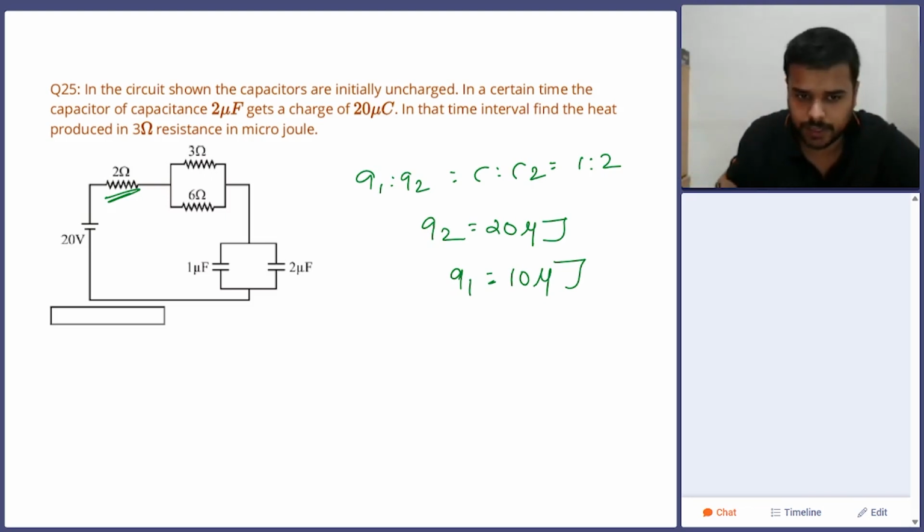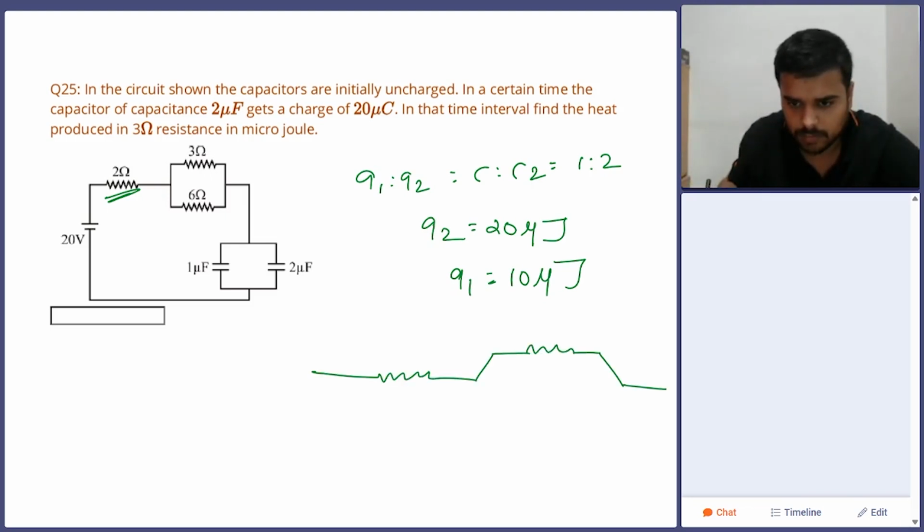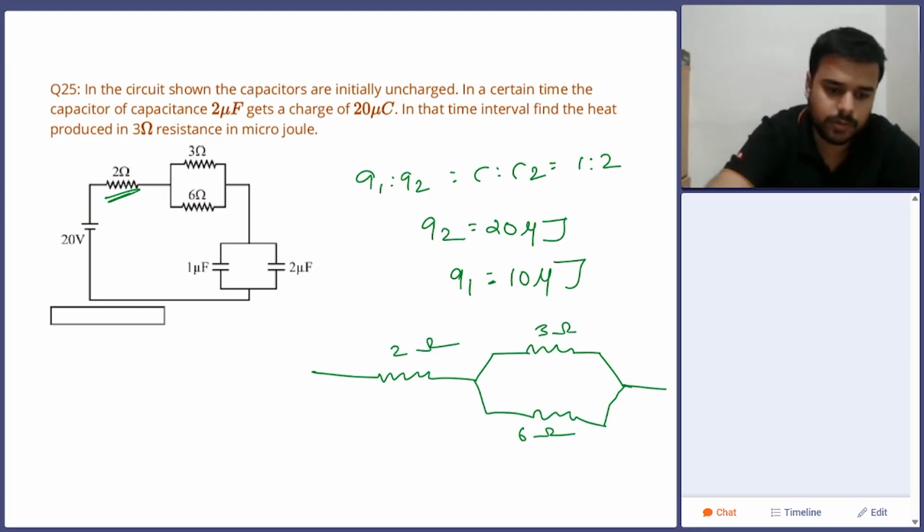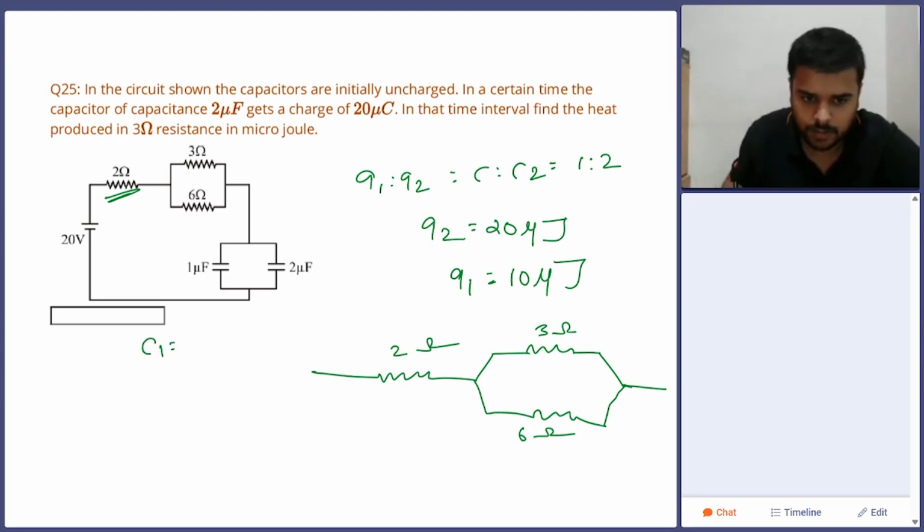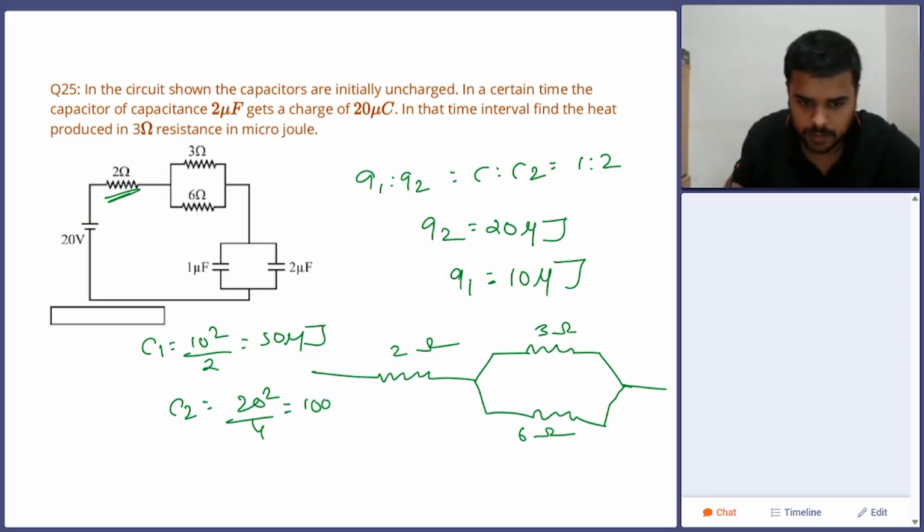So what will the energy stored be? First, if you draw the circuit diagram, it will be like this. This is 3 ohms, 6 ohms, 2 ohms. So the energy in C1 will be 10 square by 2, which is 50 microjoules. C2 will be 20 square by 4, which is 100 microjoules.